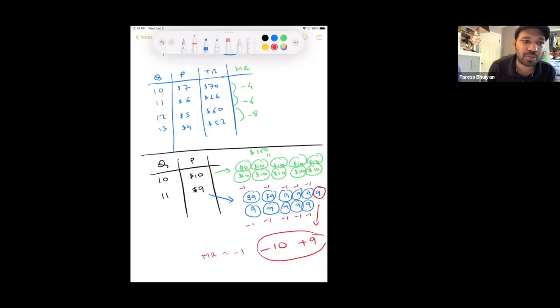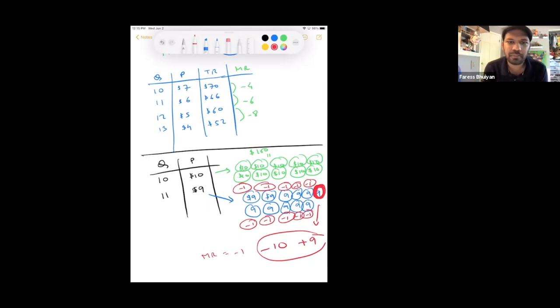If a monopoly wants to sell more, it will have to reduce the price on every single unit. You will be selling that extra unit, and that is going to bring you some extra money. But because you are selling more, you are losing money on every other unit. And you will have to take both into account.